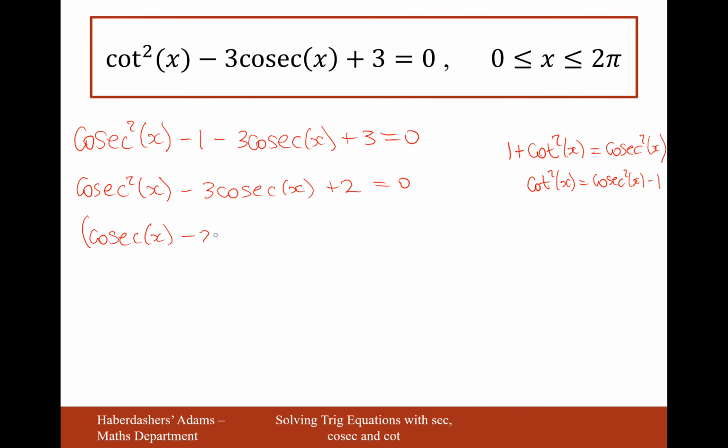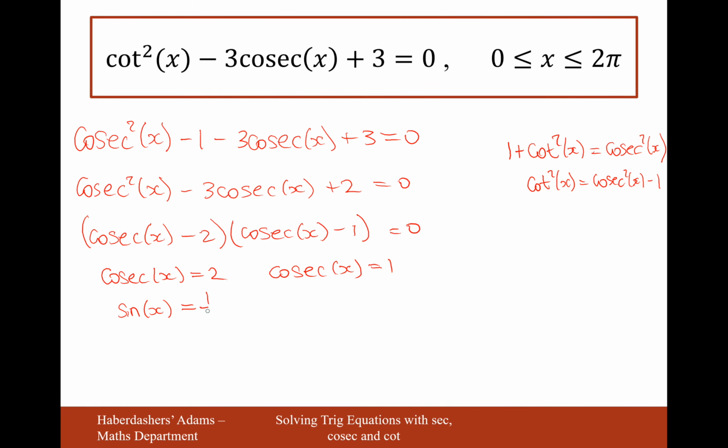Now factorize cosec. I think it'll be a double negative on this one, minus 2 and minus 1. So therefore cosec is equal to 2 and cosec is equal to 1. Now we'll turn it into sine, so it's going to be sine x equals half, and sine x equals 1.